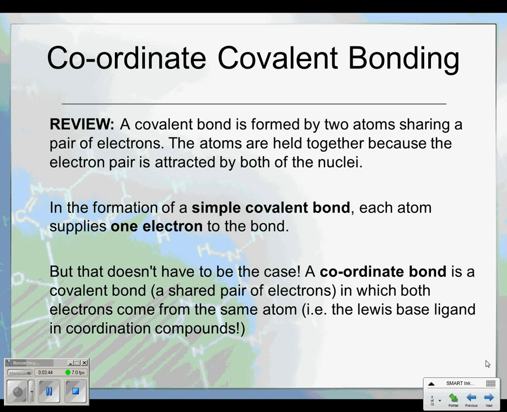So with the coordinate covalent bonding, like we just stated here, there's extra details. It's usually just, like we said, 2 electrons are donated from the same atom to create the covalent bond. It's different from just a simple covalent bond where each atom or each element is going to be supplying 1 electron for the bond.